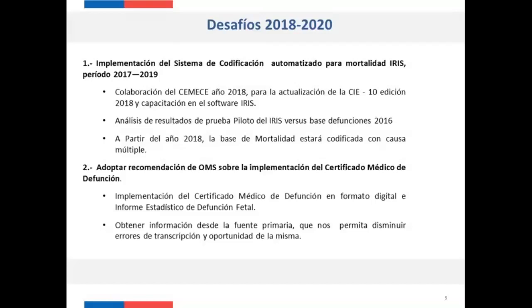This is going to be really useful for us in this automated coding process, and this is going to allow us to have good information from the source, because right now we have all these transcriptions of the causes of death done at the civil registry, and that implies many transcription mistakes that we suffer before putting this through the IRIS system, and we actually have to correct this transcription.